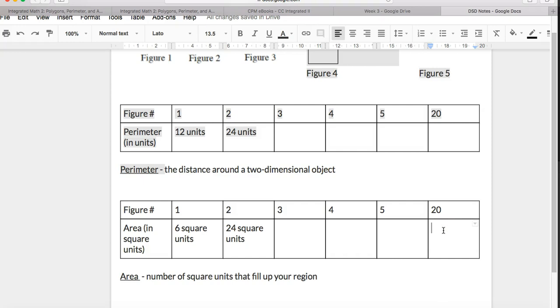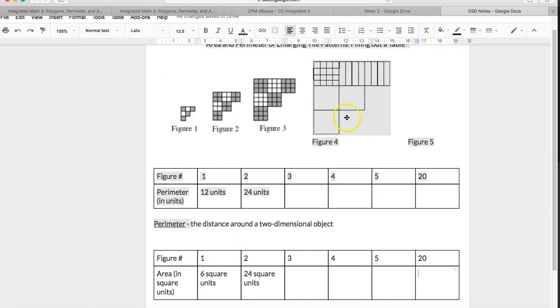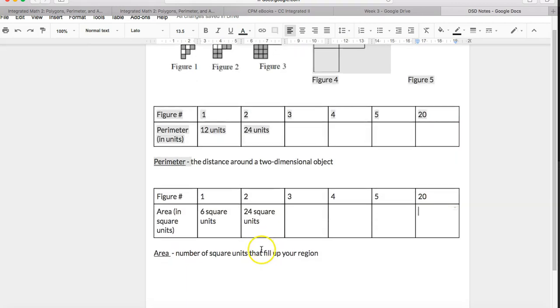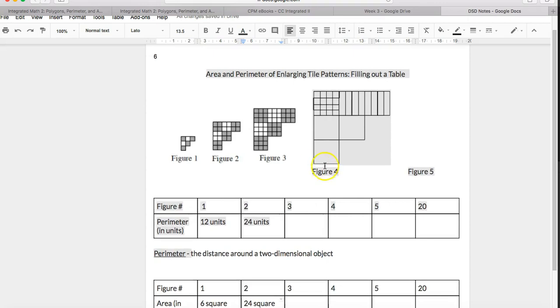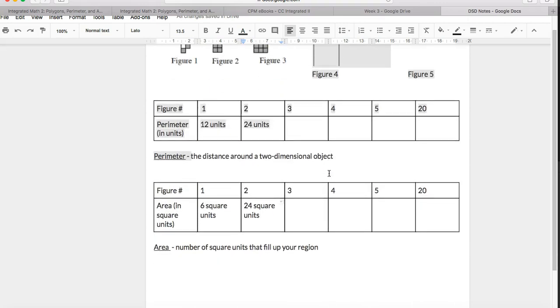Can you predict what that area is going to be? So go ahead, pause the video here, try the design you chose, try to find the area of all the figures you have in square units and record them in your table in your notebooks. Once you're finished with this, take a picture of your notebook and go ahead and upload it on Dreamseedo.